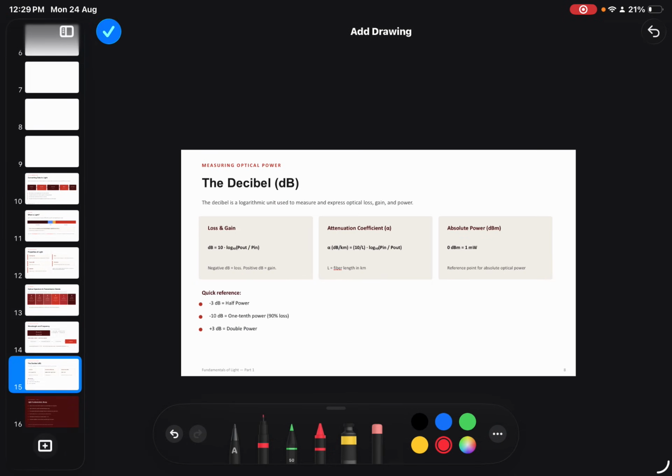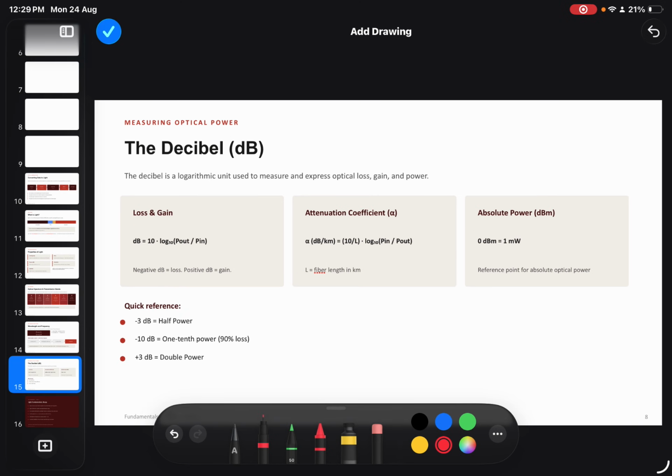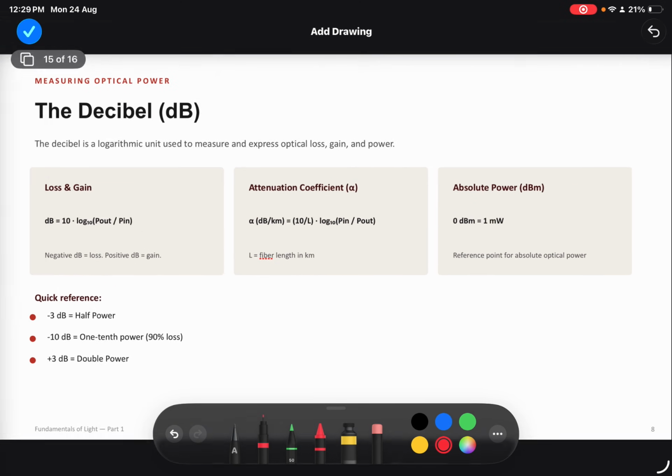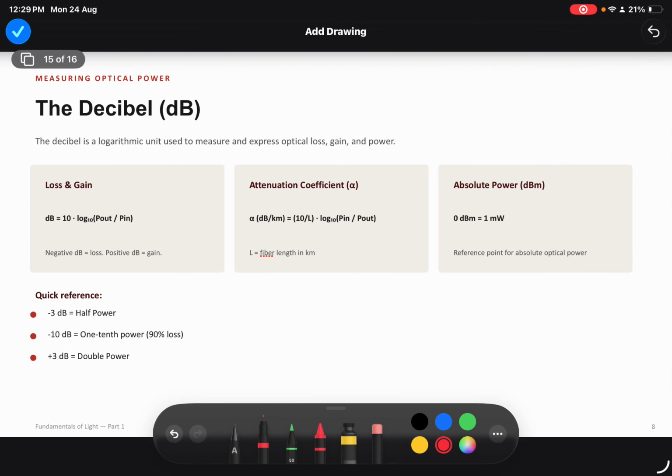Now let's understand the main concept that we use, called the decibel. Let me go to full screen mode. Decibel is a relative unit, represented as small d and capital B. It is a logarithmic unit used for measurement and to express various optical parameters such as optical loss, gain or power.